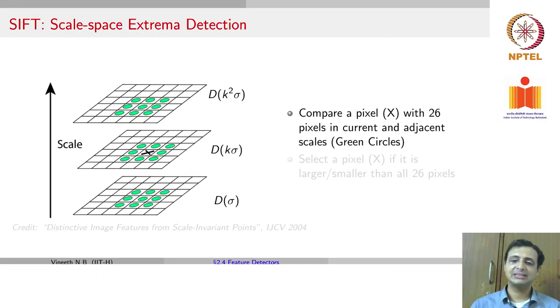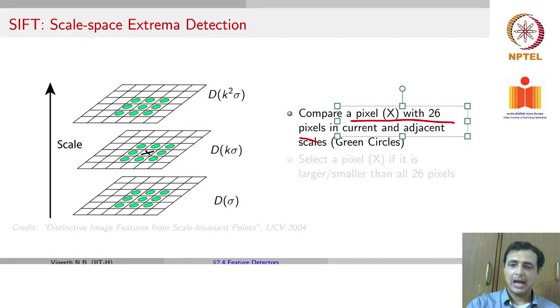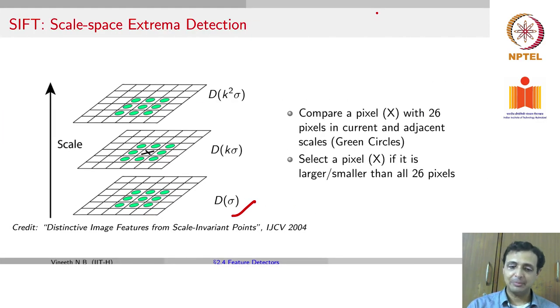Then what you do now is you compare a pixel with all of the 26 pixels in and around it. That's around it in terms of location, spatial, as well as around it in terms of scale, the next higher scale and the next lower scale. And then you select a pixel if it is larger or smaller than all of the 26 pixels around it.